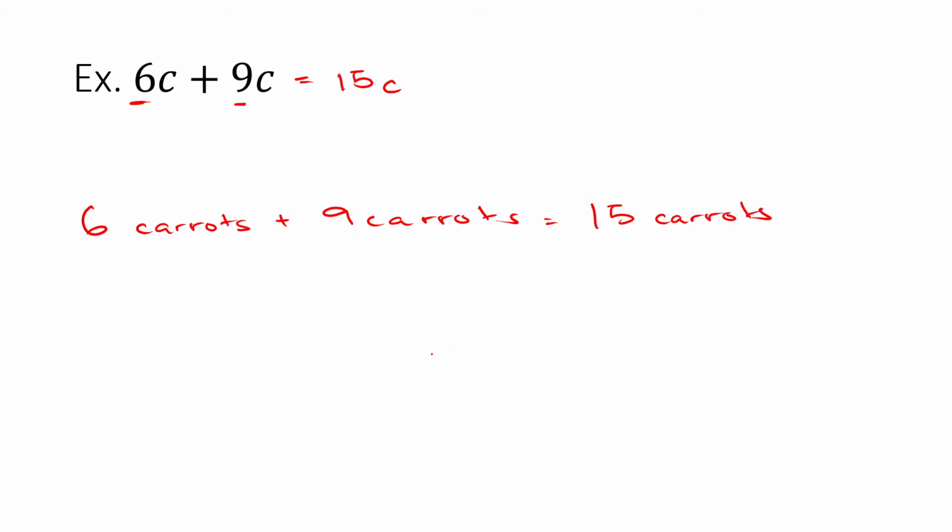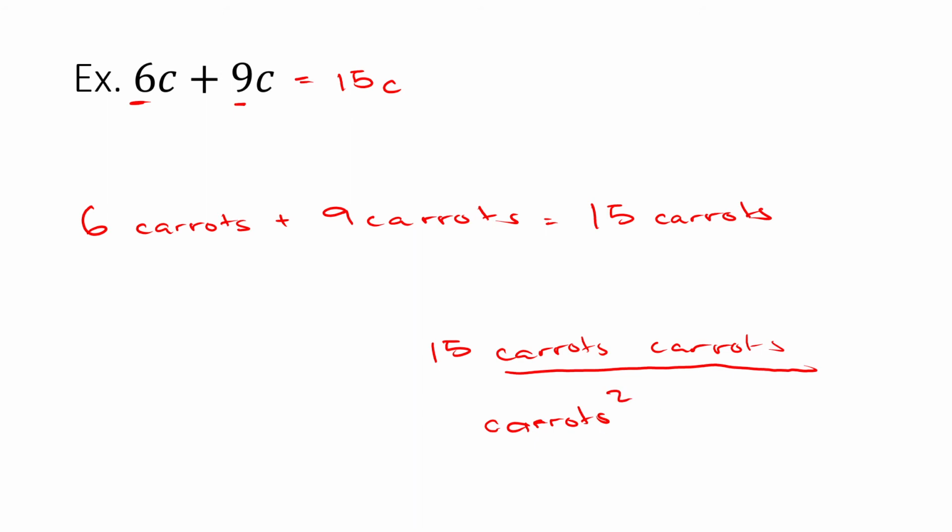You're not going to say carrots to the second power, because there's no such thing. So just leave it as is, carrots. There's no such thing as 15 carrots squared. So just leave it as 15c.